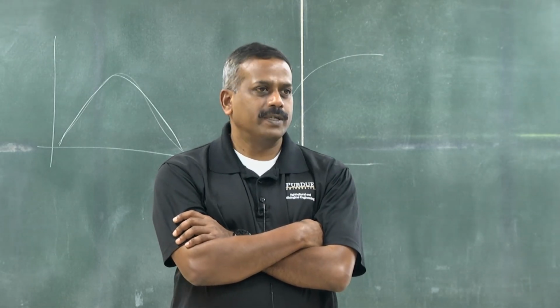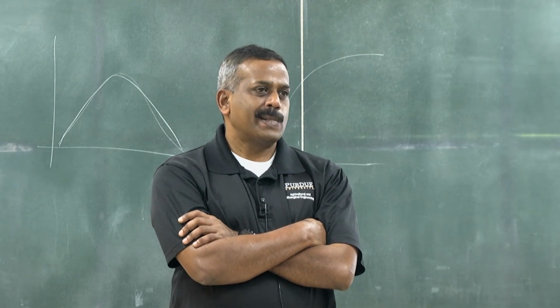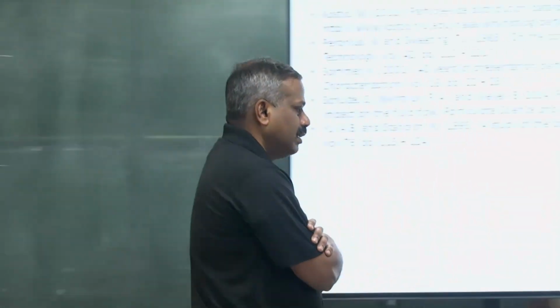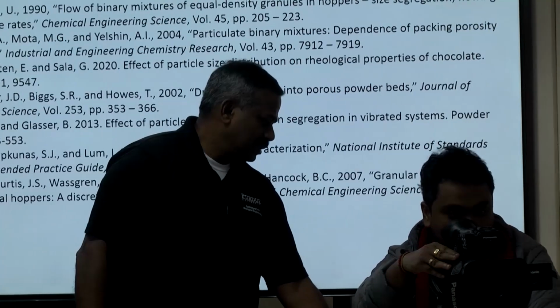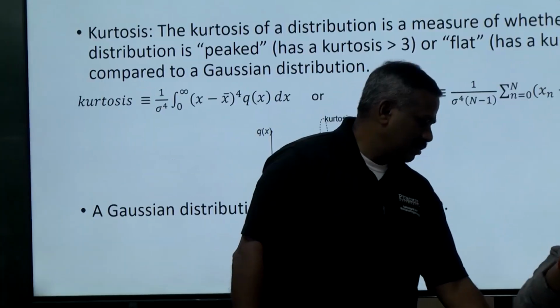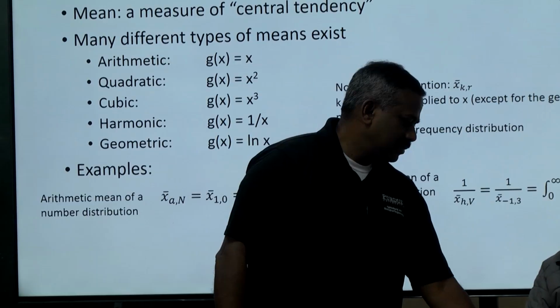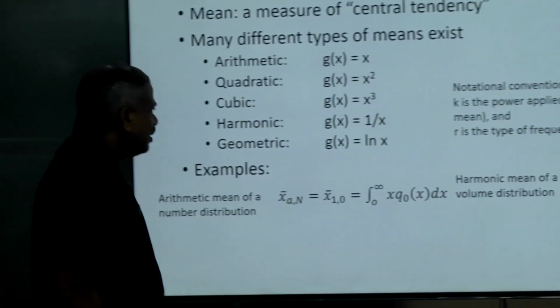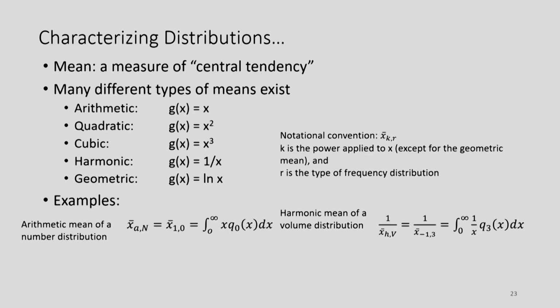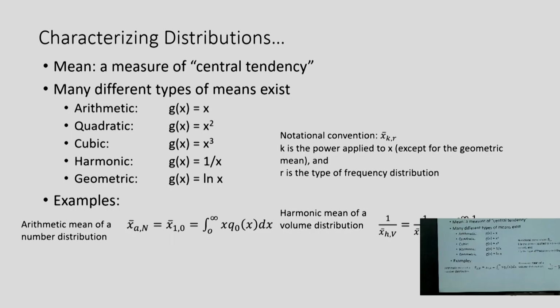Sir, what is the purpose of calculating the harmonic mean? That's a good question. It usually depends on the process that you are dealing with. It's mostly based on mass, right?